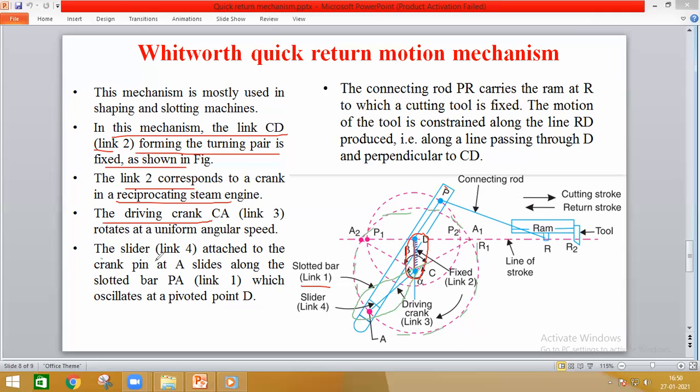And the slider, which is attached to the crank pin at A, slides along the slotted bar. So this is the slotted bar P, and this one is the slide, which is attached to the crank pin, and it can slide, and also it forms a circle.